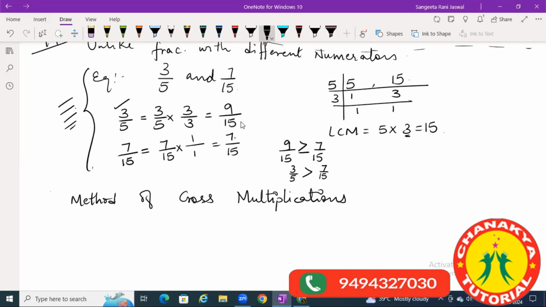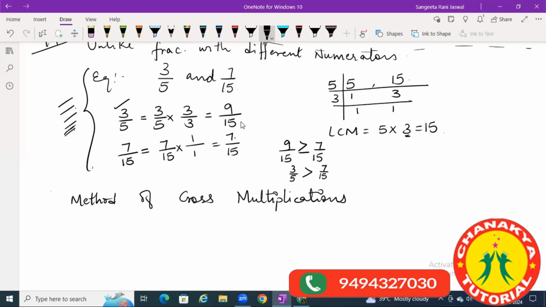When you go to higher classes, 8th, 9th and further, you will get this method much more. In higher classes, you will not have much of the cross multiplication method. But this method is short, just for comparison purposes.